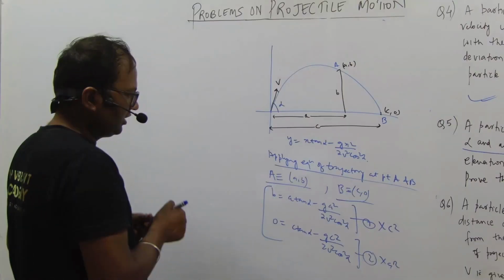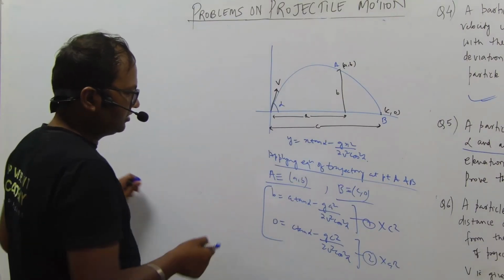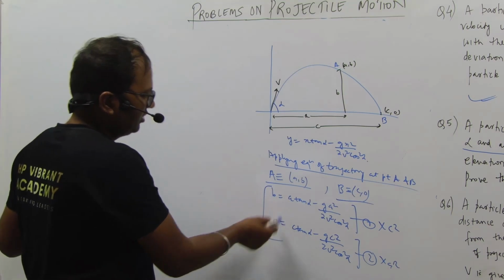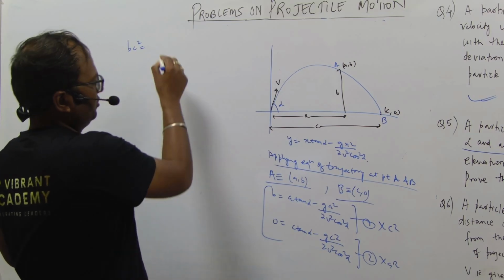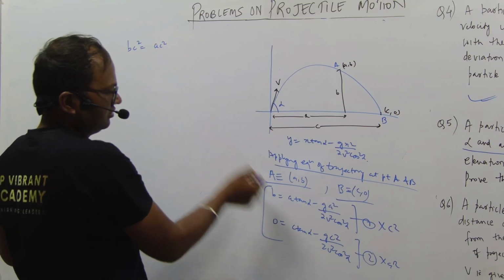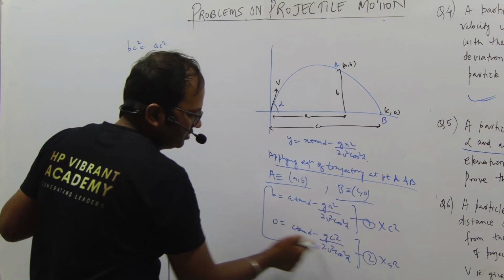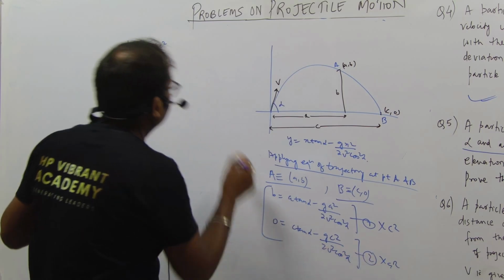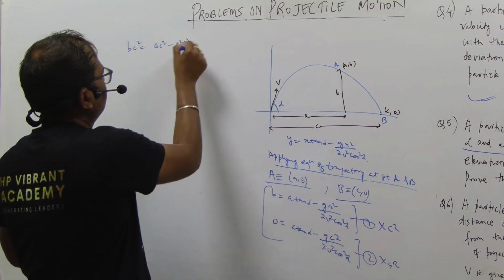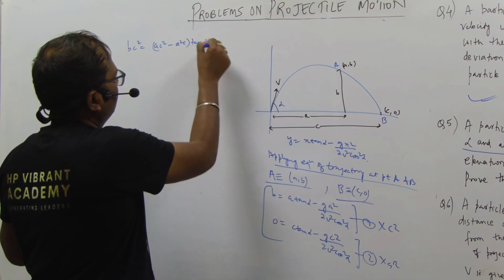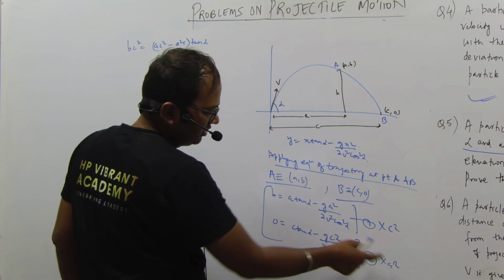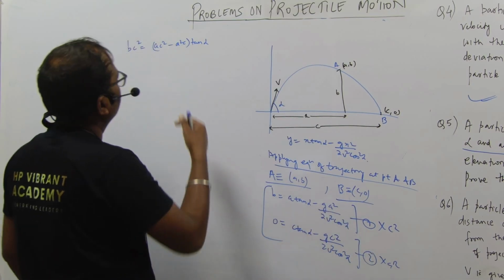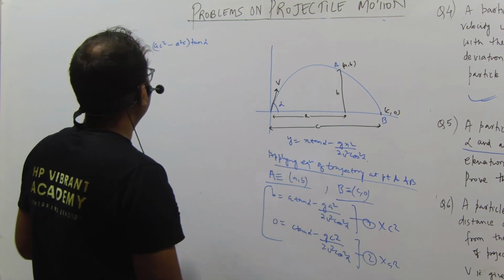After multiplication we have bc square is equal to a square c minus a square c into tan alpha, and we have g a square c square and c square a square, so both will get cancelled. So this is the expression we are left with.